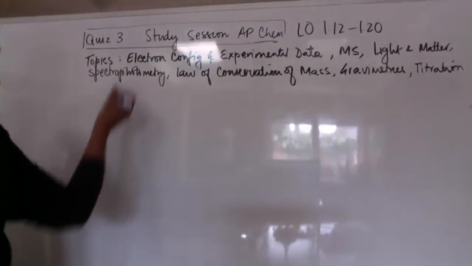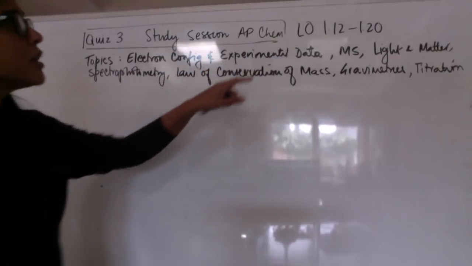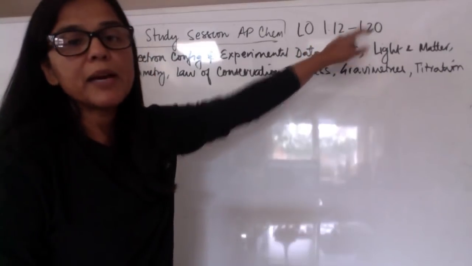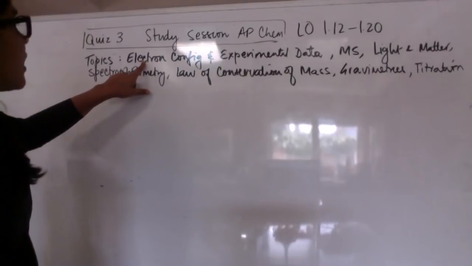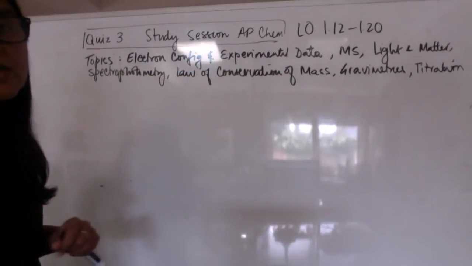So guys, let's start. The learning objectives for the Unit 3 quiz are learning objectives 1.12 to 1.20 in Big Idea 1. And the topics that go along with them are electron configurations and the experimental data.